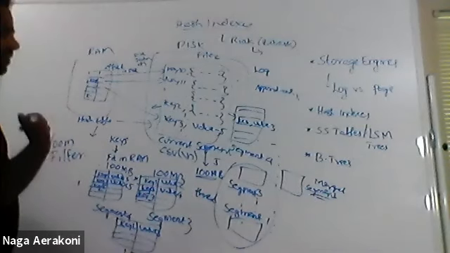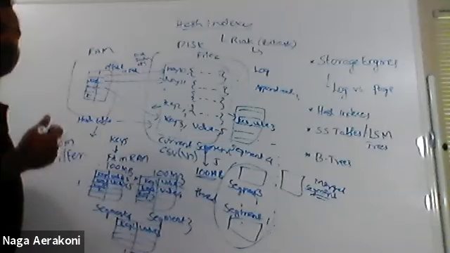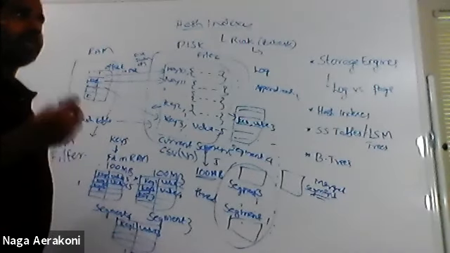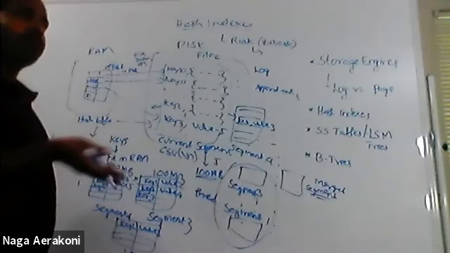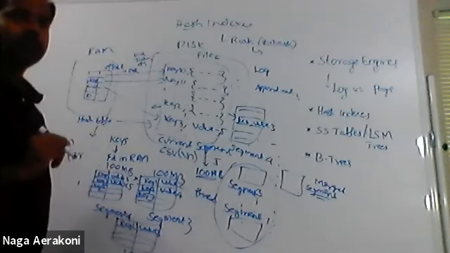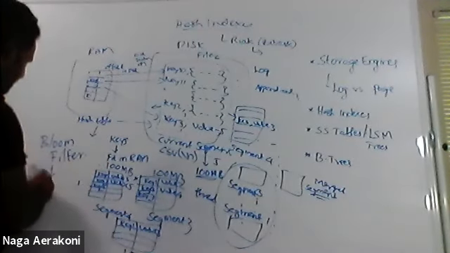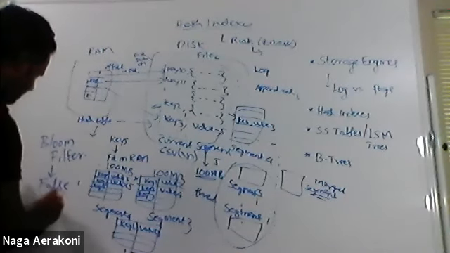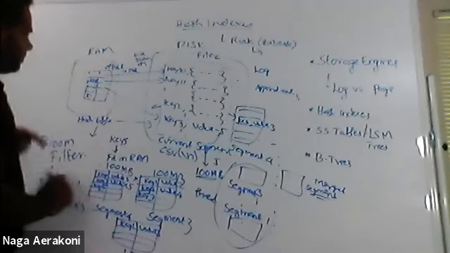All you need to know is that it can effectively tell if something is not there in the set, but it cannot tell if something is present. It may be present or may not be present. But we know that it can definitely eliminate false negatives. This false negative is that the record is not present in our database.